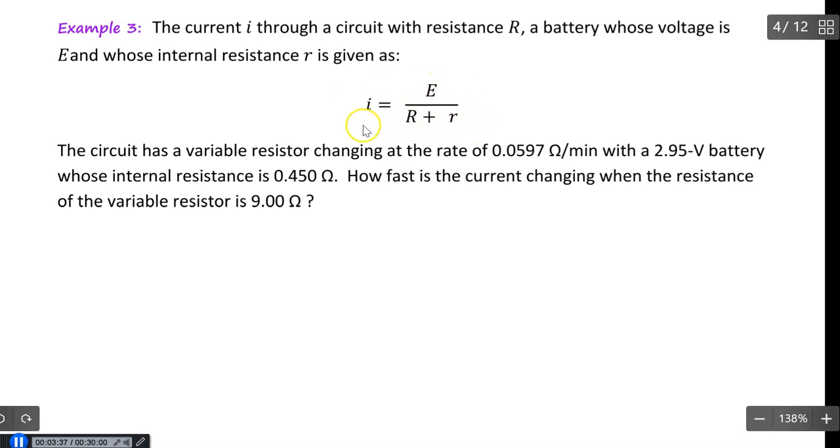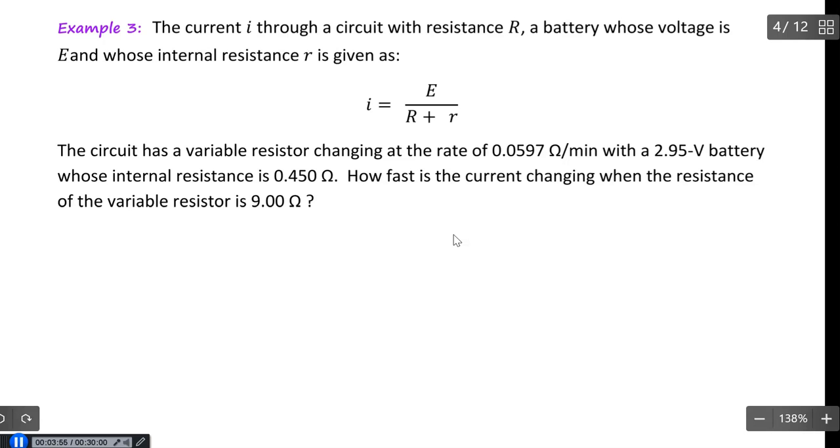So you realize that this formula obeys Ohm's law, right? I is equal to E divided by R. And we are taking into consideration the resistance R and the internal resistance as well.